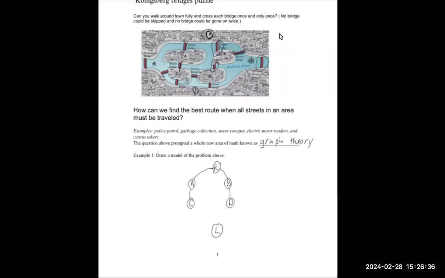And then there's from C to L. But there's also another bridge going from C to L, a second bridge, so I can do this one like this. And then there's one from D to L, so I can go from here to here. And there's one connecting D and C, so from here and here.